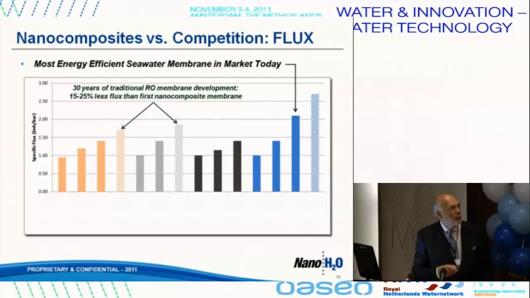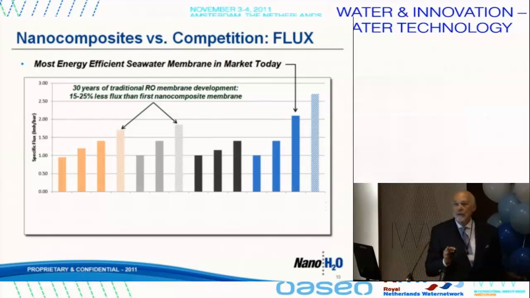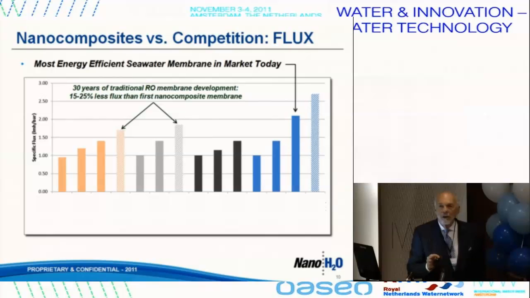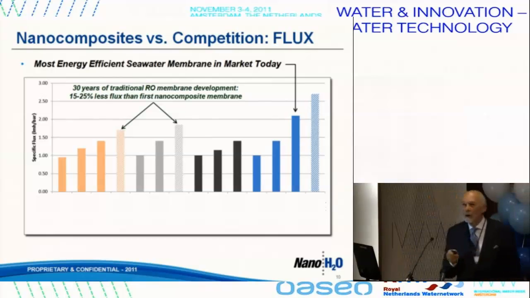So we're working on that. We have some membranes, our next generation, which have even more flux. But as I'll explain in a minute, it's not always about having the highest flux if you're doing a retrofit. If you're retrofitting existing plants, you can't always look at it that way. So you have to be careful with saying higher flux is better. Higher flux is better if you're building a new plant, and you can design for that higher flux.